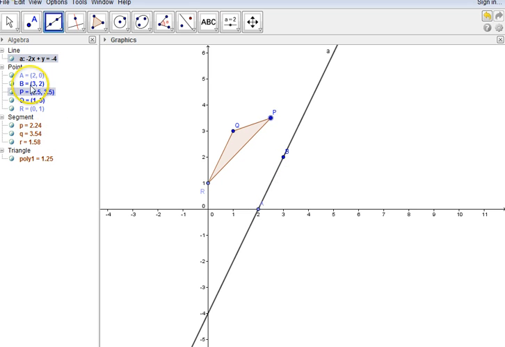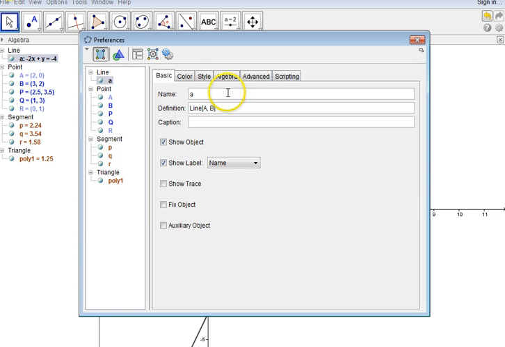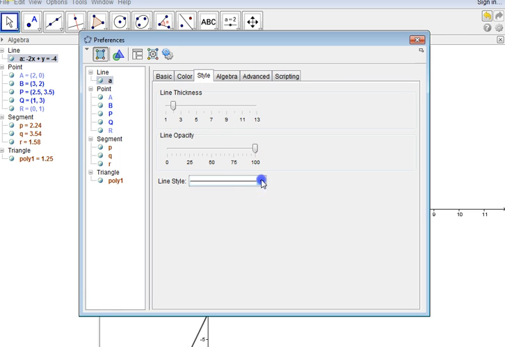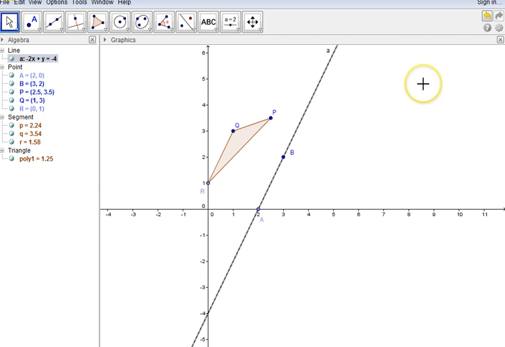And I'm going to change, yeah, 3, 2, that's good. A line of reflection tends to be a dotted line. And let's reflect.